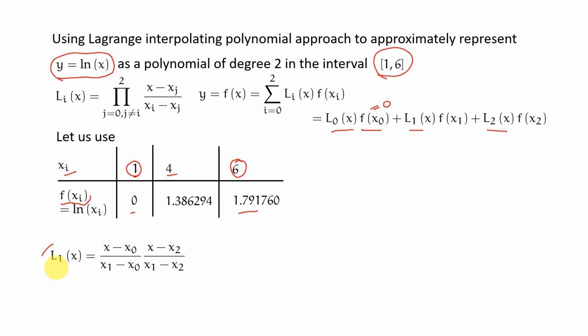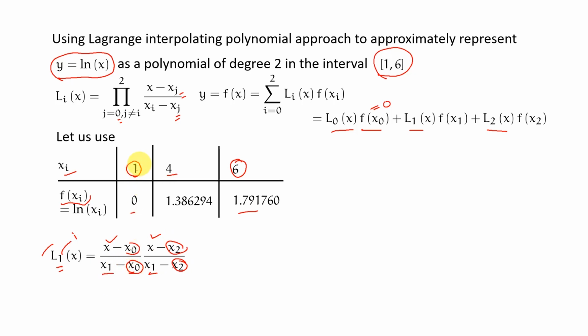In this case j cannot be 1, which means j can be either 0 or 2. So first I take x0 and then x2 as j, and then I have x1 in the denominator, since i is 1 here. Of course I have x here. Now this is the expression of L1(x).